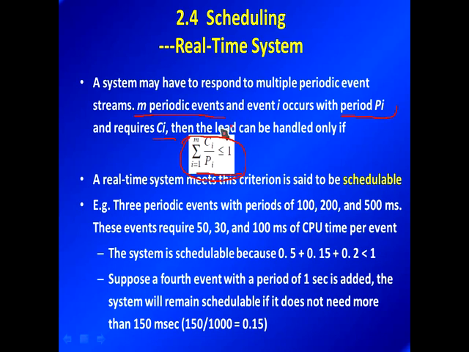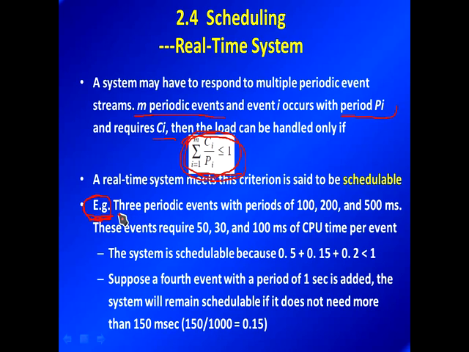So we just need to understand how to use this condition to check if a real-time system with some periodic events is schedulable. It's enough. So here we make a very simple example.